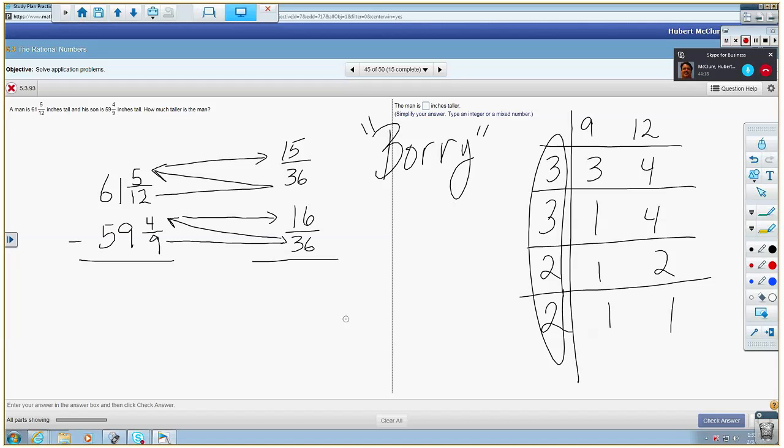So I'm going to borrow 1 from the 61. I'm going to borrow 1. And that'll make that 61 a what? 60. And that 1's floating around up there. I got to bring it back down. Now, since we got 36 in the denominator, I'm going to bring that 1 down as 36 over 36.